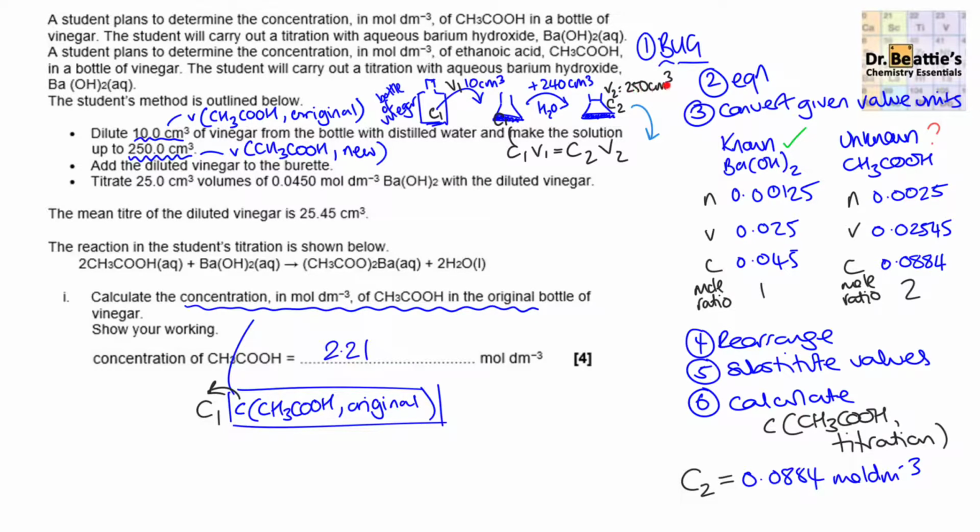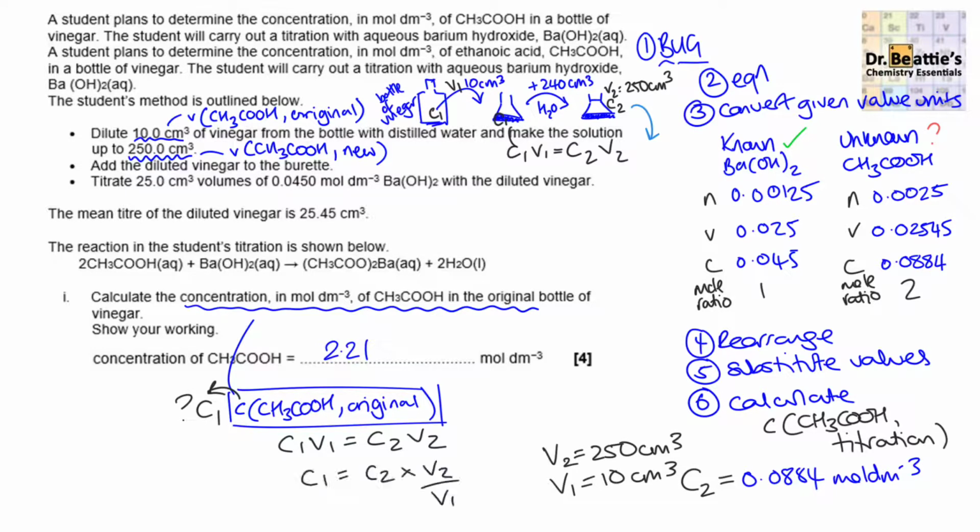We've got V2 here at 250 centimeters cubed, and our V1 is 10 centimeters cubed. As we're trying to work out C1, what we're going to do is use the equation C1V1 equals C2V2. And again, go back to the video if you need to for this. We're going to make C1 the subject. As we've talked about, as long as in these scaling ratios the units are the same, we don't need them in decimeters cubed.